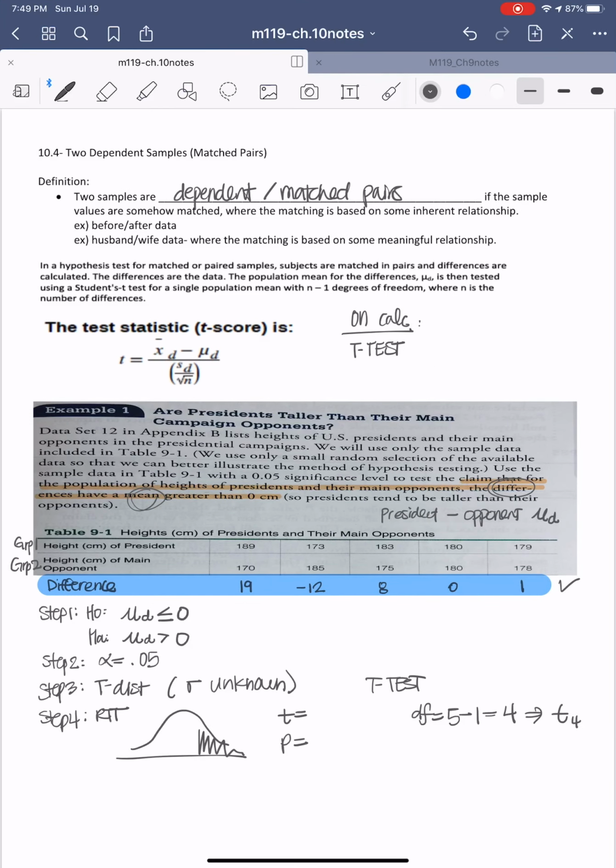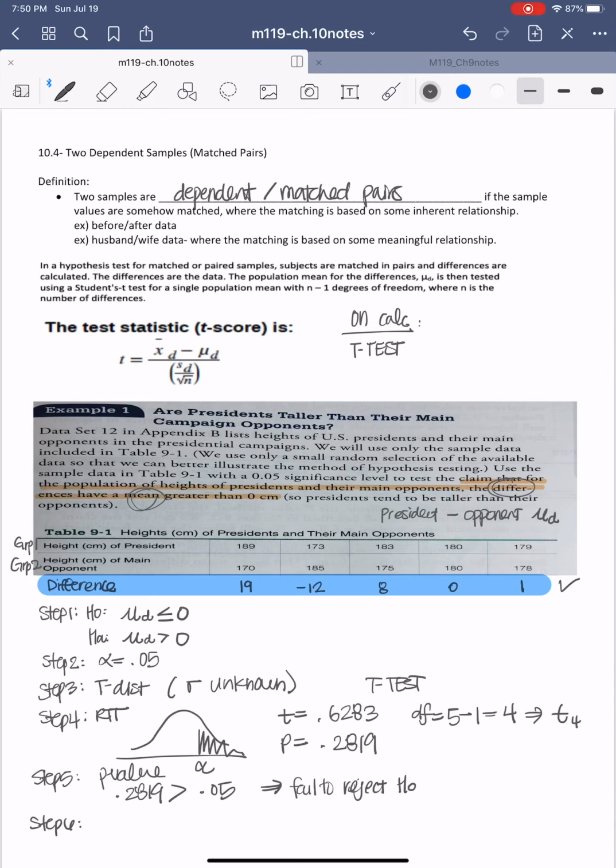So from the calculator, we have a t value 0.6283, p-value 0.2819. So step 5, let's compare p-value with the alpha value. P-value 0.2819, alpha value 0.05. We have a p-value greater than alpha, so therefore we fail to reject the null. Okay. We failed to reject the null, so step 6.